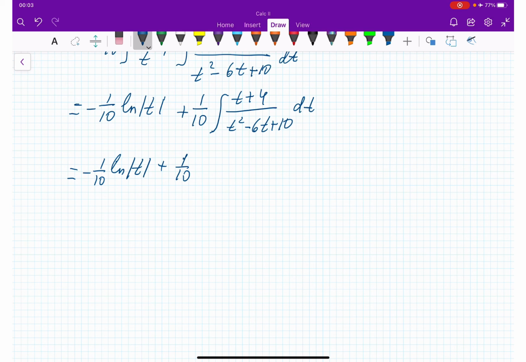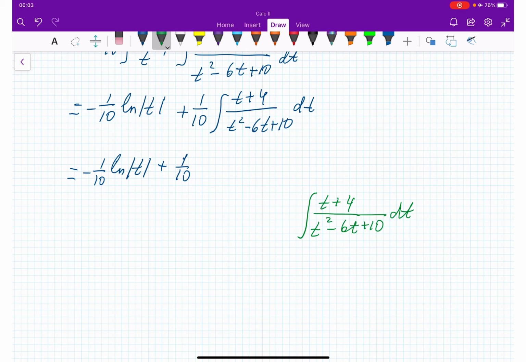That's a nasty integral. We are going to work it out separately. So let's see, integral. Let me write down here on the side so you will know. So integral t plus 4 over t squared minus 6t plus 10 dt.